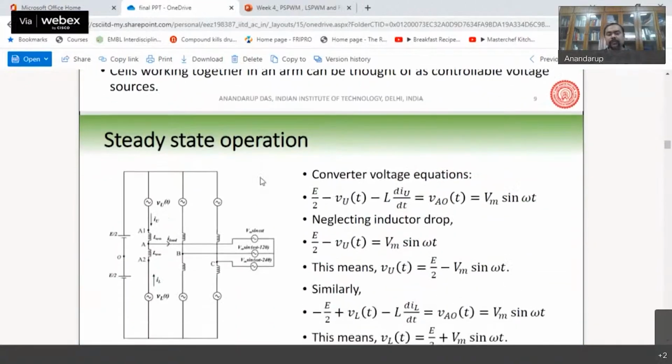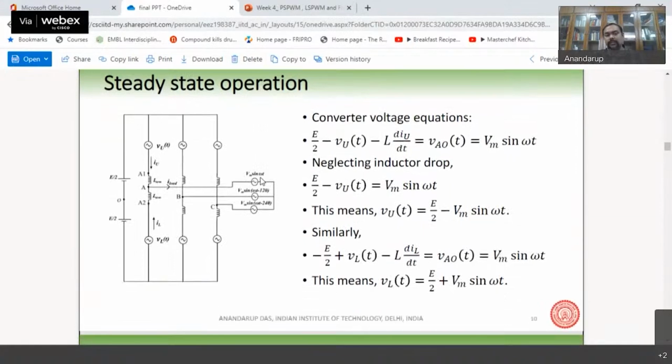Once you have these controllable voltage sources, you can write down the KCL and KVL equations, and then find out the magnitude of the voltage required in the upper arm and lower arm so that energy balance between the AC side and the DC side can be achieved. Here one example is shown where the lower arm voltage can be written by writing the KVL equation.